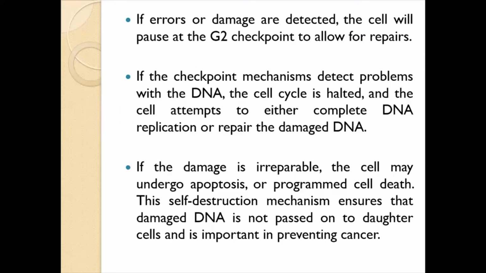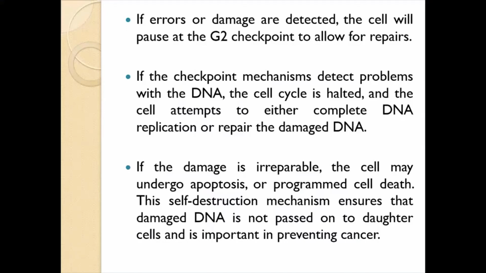If errors or damage are detected, the cell will pause at the G2 checkpoint, and that will allow the cell to repair itself. If the checkpoint mechanisms detect a problem with the DNA, the cell is halted for the amount of time which is required to repair it, and the cell attempts to either complete DNA replication or repair the damaged DNA.